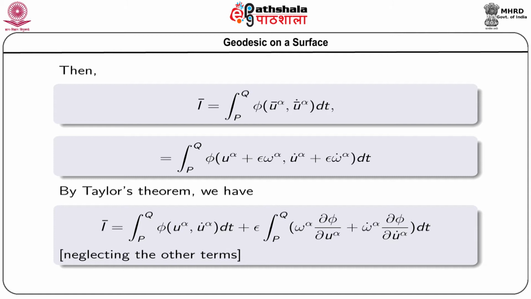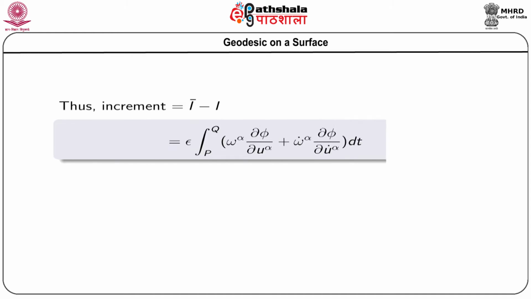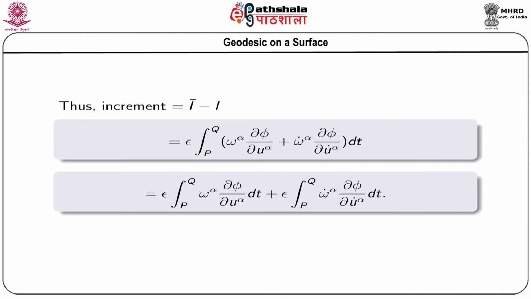Here the higher order terms have been neglected, because they are very small quantities. Thus, the increment I bar minus I can be written as epsilon times the integral from P to Q of omega alpha del phi by del u alpha plus omega dot alpha del phi by del u dot alpha dt. And if we break the bracket, we get this term.